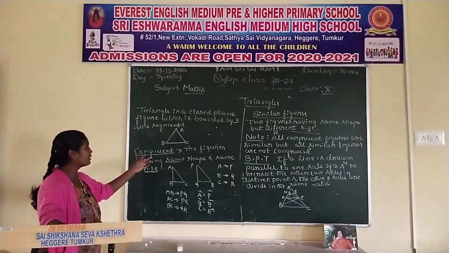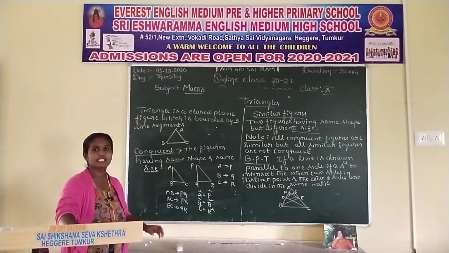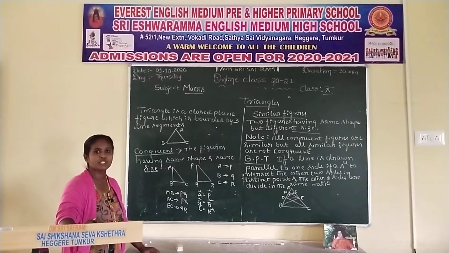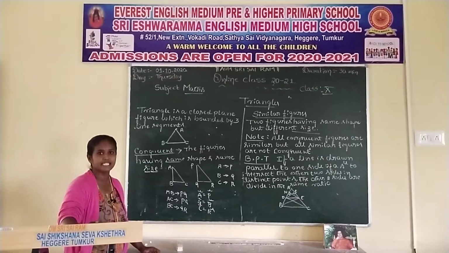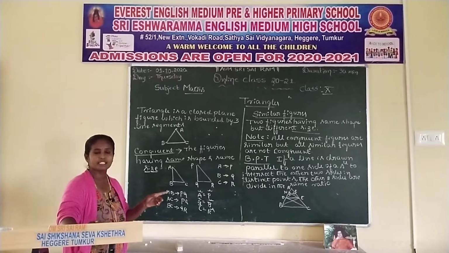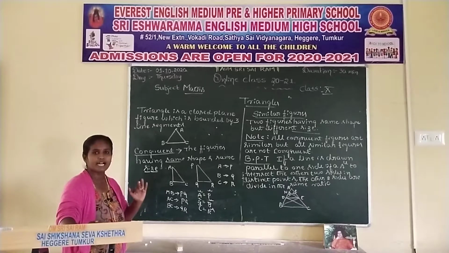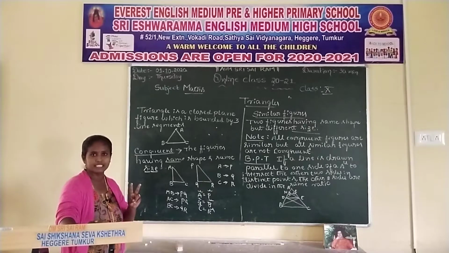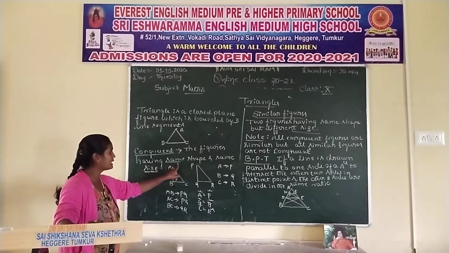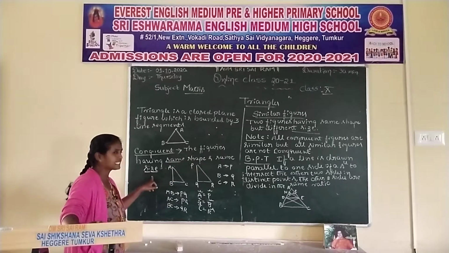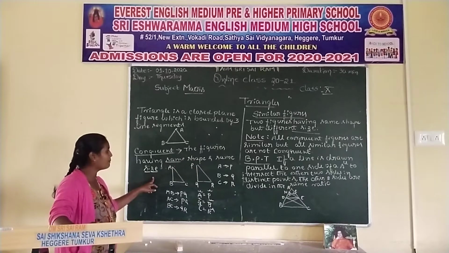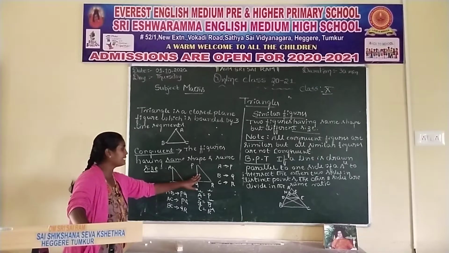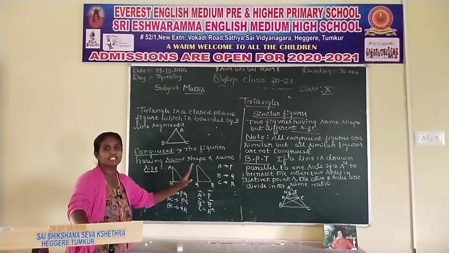See here, congruent figures have the same shape and same size. Congruence means you compare 2 figures, and the 2 figures have the same shape and same size. For example, here I am taking 2 right angled triangles.